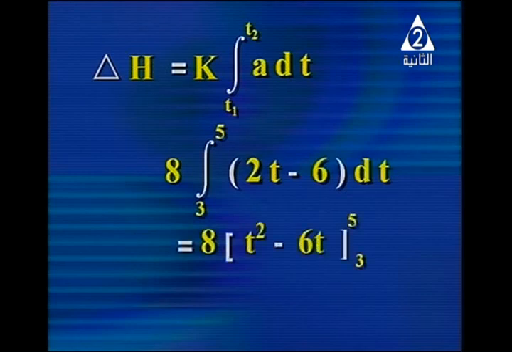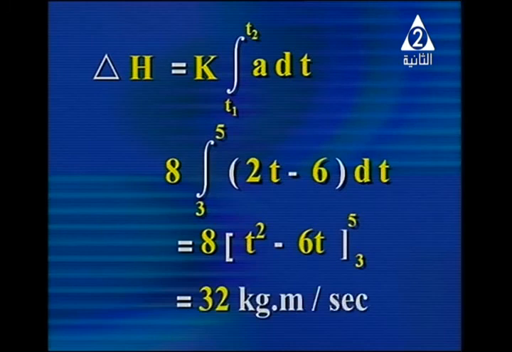Then the integration of 2t minus 6 is t squared minus 6t. After that, substitution at t equals 5 and at t equals 3, then subtract, then delta H equals 32 kilogram meter per second.